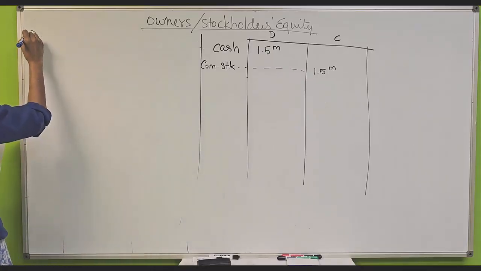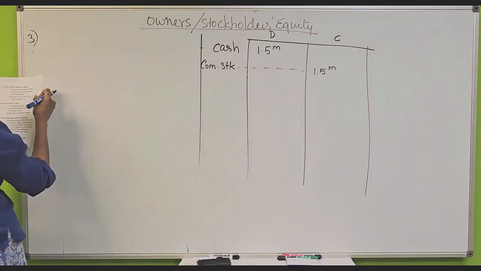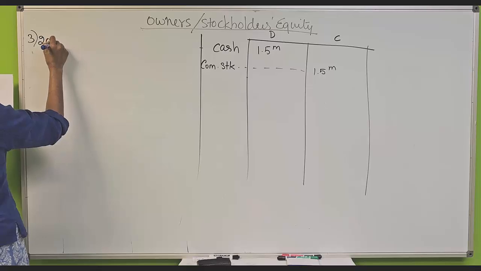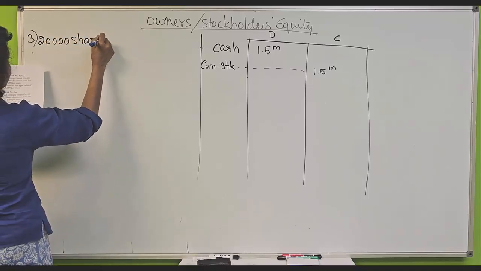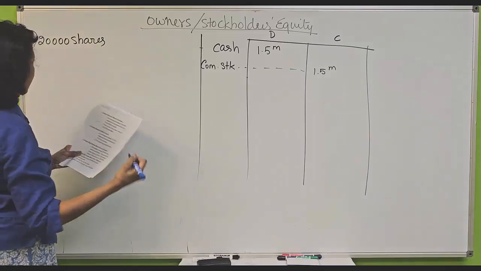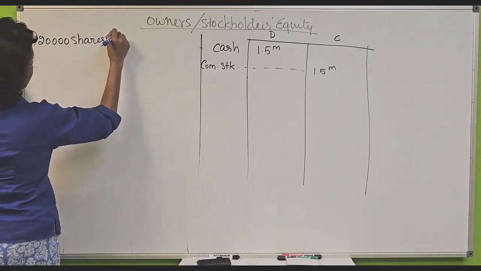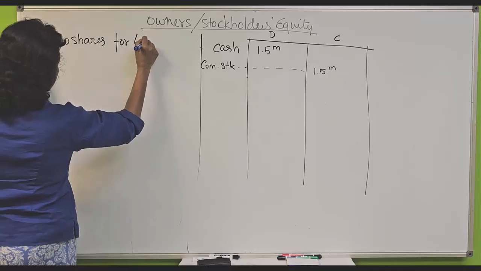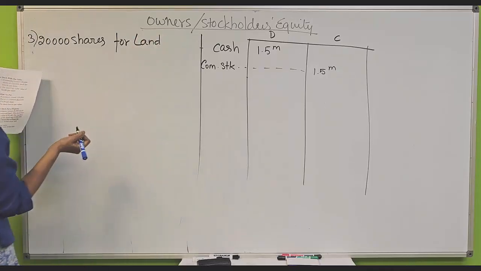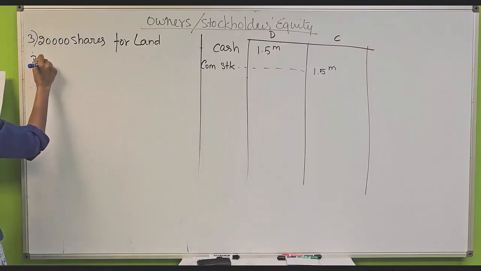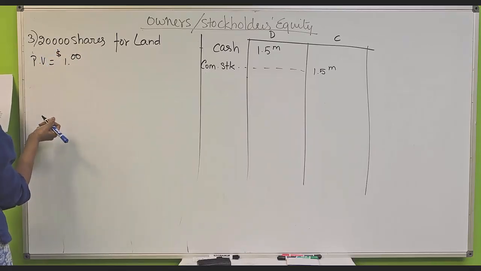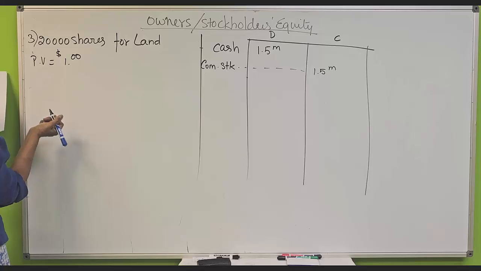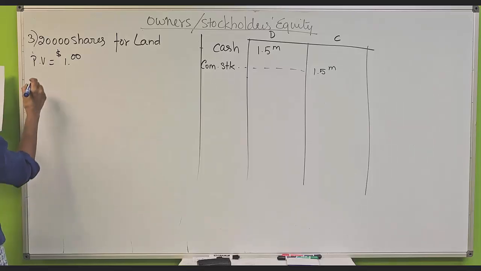In the third case, the company is issuing 20,000 shares in exchange for a land. Now the par value here equals $1 and the market value of the stock is $200,000.